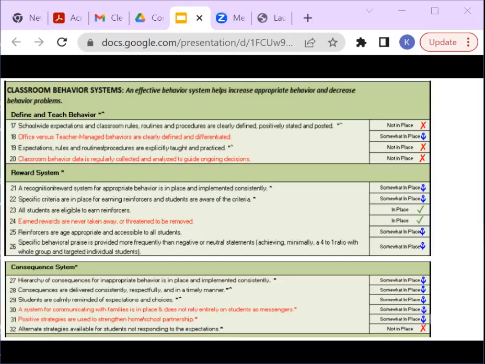Well, if you like to look at specific items, here they are. I have taken an additional step and put a little icon next to each of the scores. So the scores on the CAT are in place, somewhat in place, or not in place. And I have put a little icon: an X for not in place, a little blue flower, room for growth, for somewhat in place, and then a green check for in place.